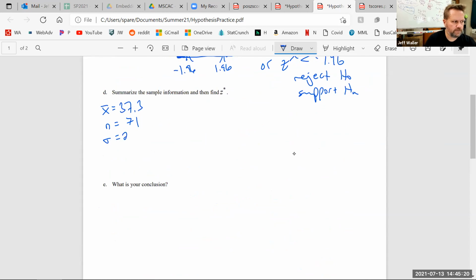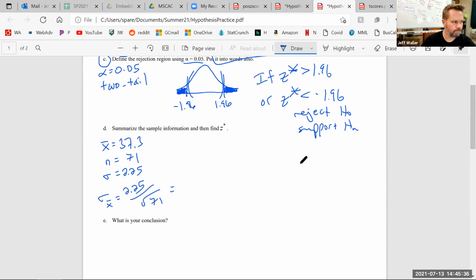And then of course we have to change that. 0.26, how many decimal places? At least 3. Okay, 0.267.